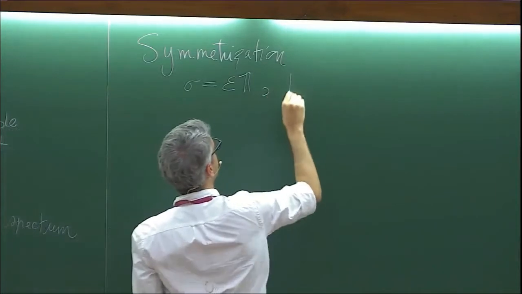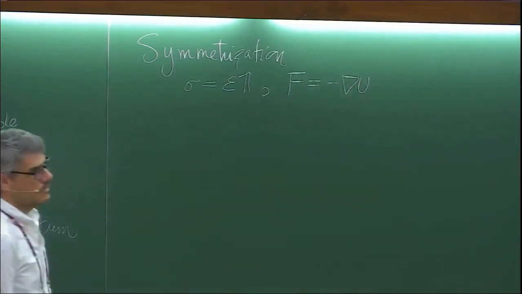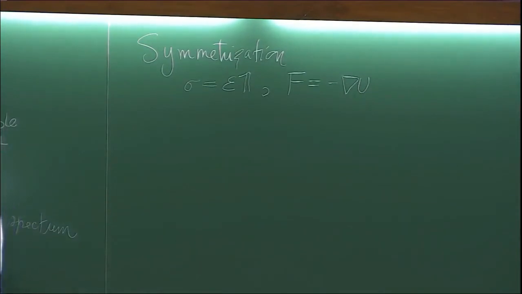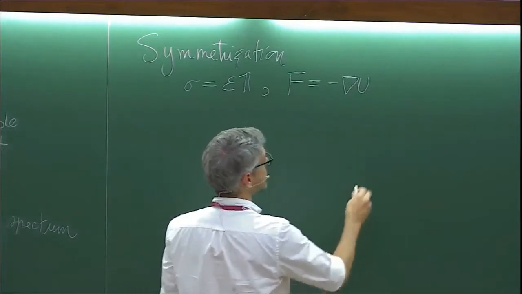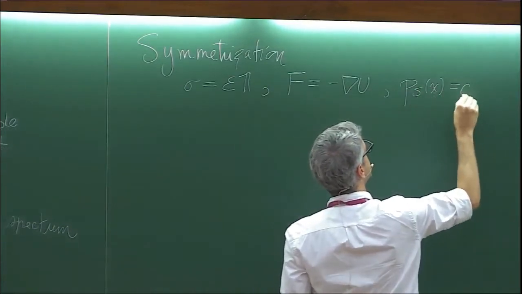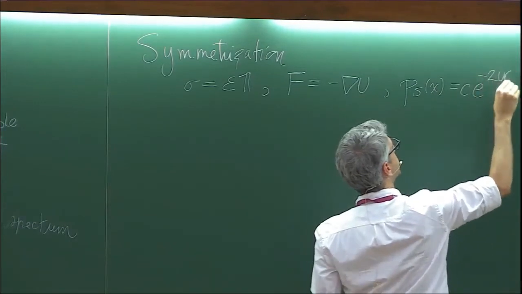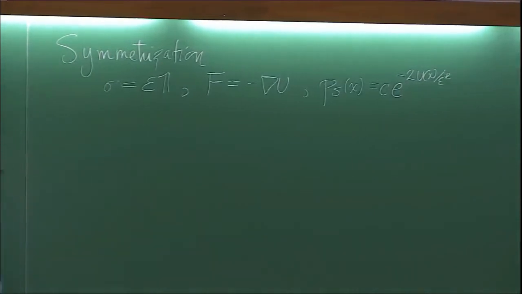And then you have a gradient drift. And so that's a purely gradient system. We know that system is reversible. And so the stationary density, in this case, I wrote it yesterday, is a Gibbs state, e to the minus the potential divided by the noise power epsilon squared.